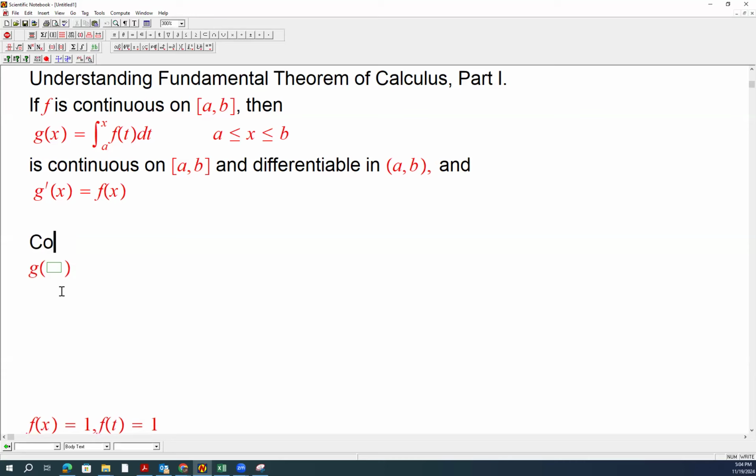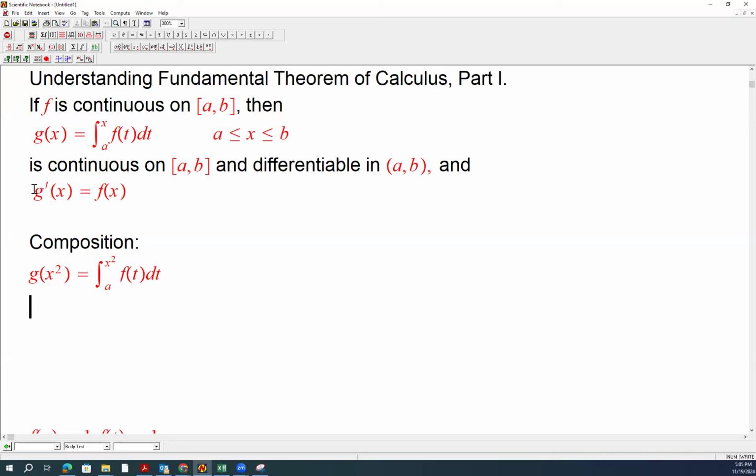We're going to see some composition situation. We know that g of x is such. Suppose I'm going to do g of x raised to the power of 2. According to this definition, this is the composition of g with x squared. So this is going to be x squared. You see what I mean? So g of x squared.